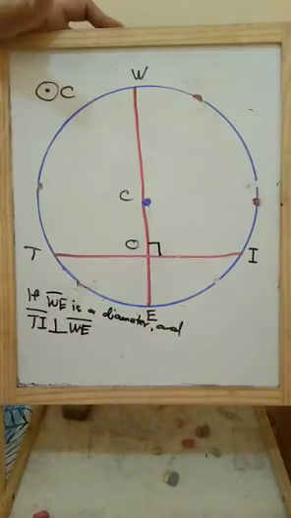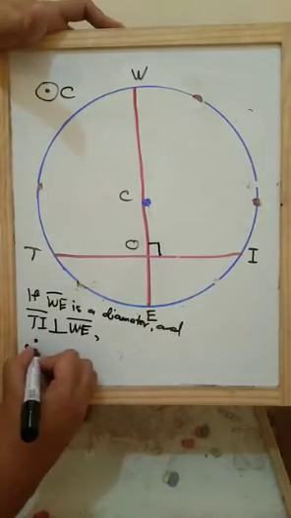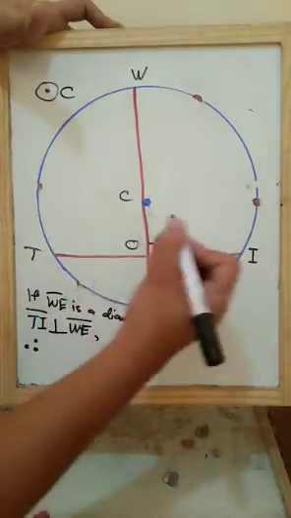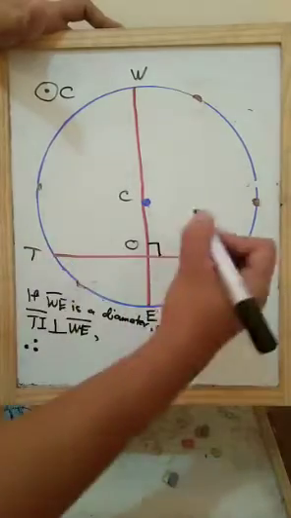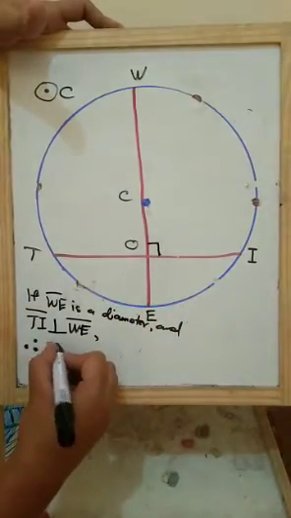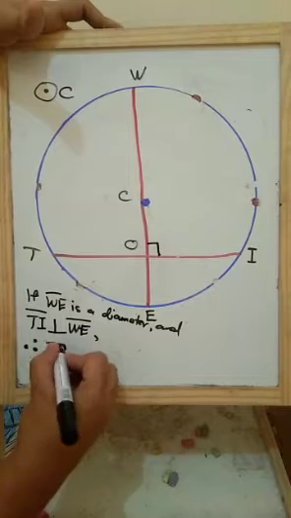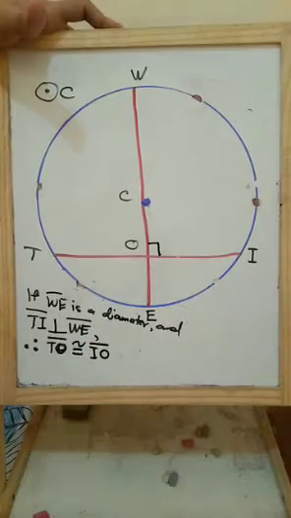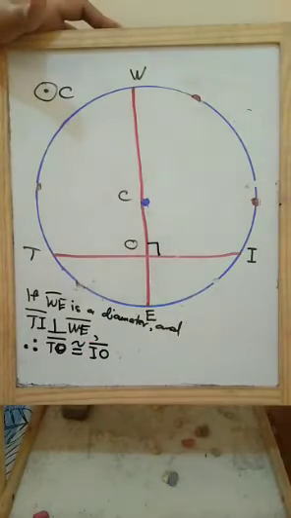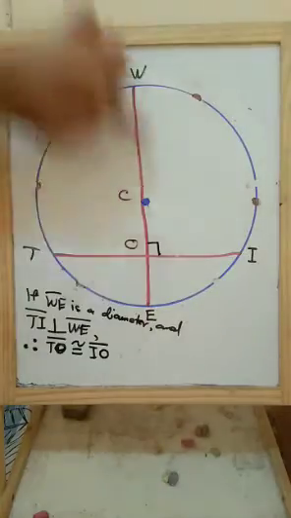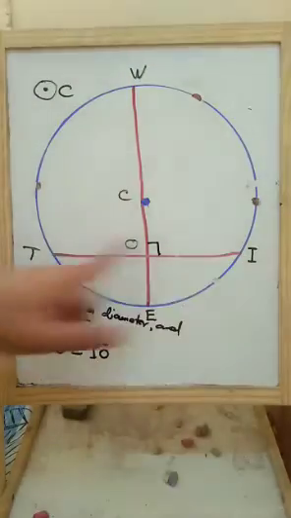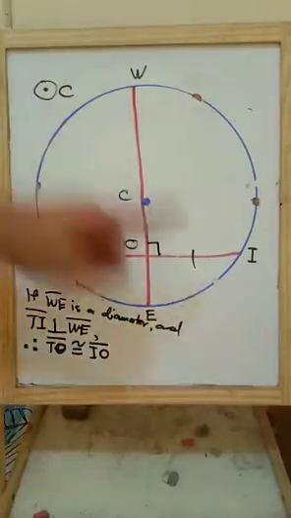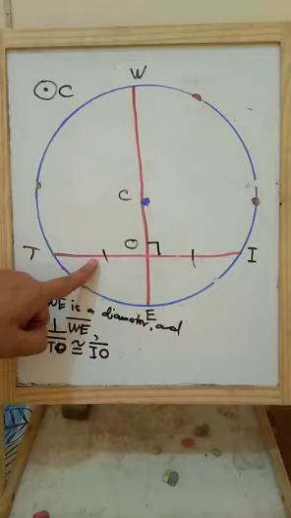We can conclude right now that the two segments here would be congruent. So, we have PO is congruent to IO. So, meaning this diameter here bisects this chord. Ibig sabihin, hinati niya sa dalawa. Pantay ito, pantay ito.